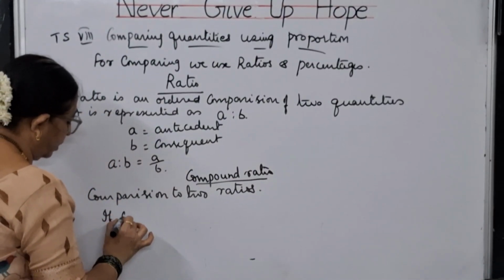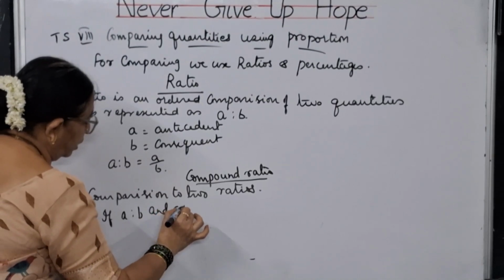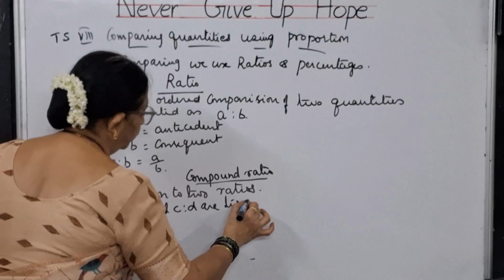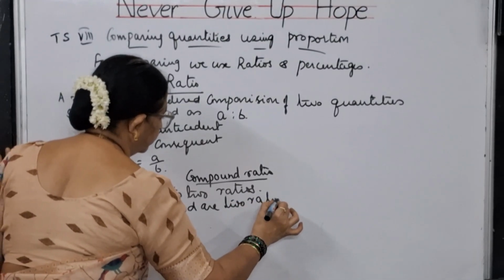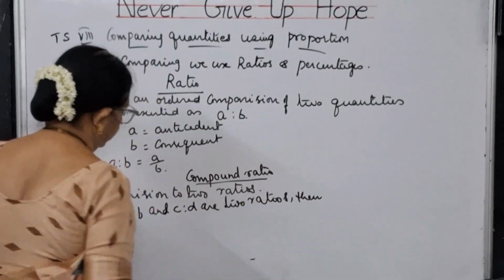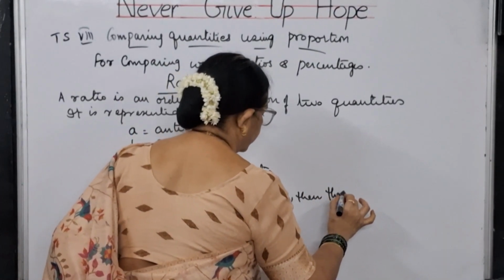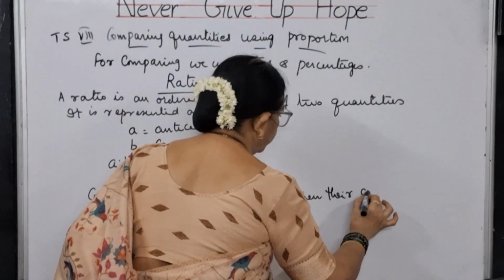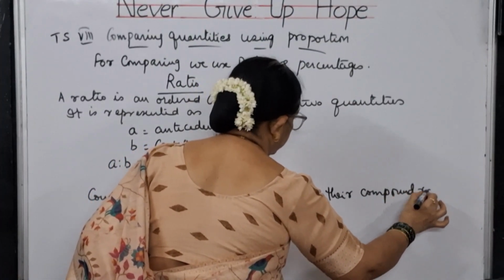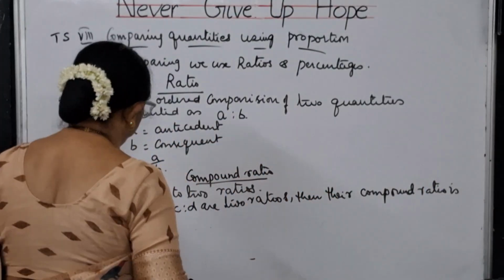Suppose A is to B and C is to D are two ratios, then how will you find their compound ratio?